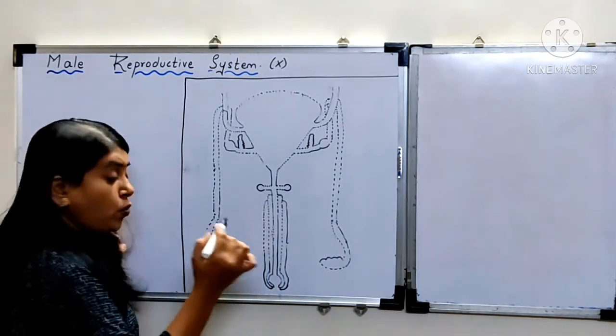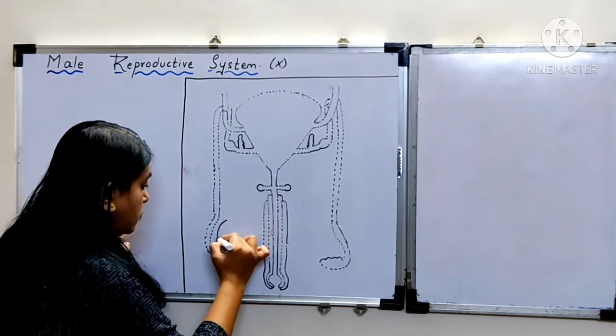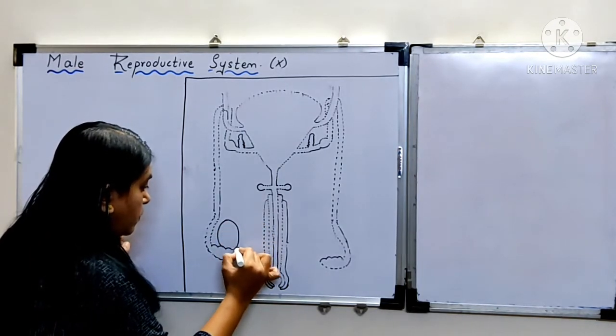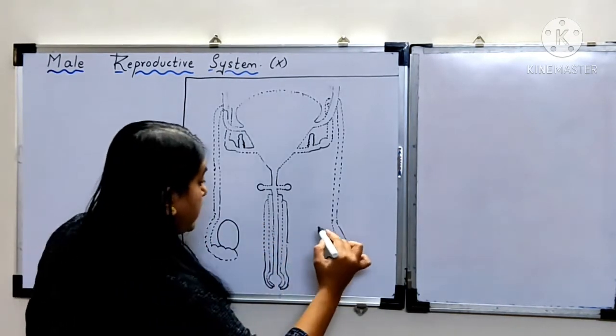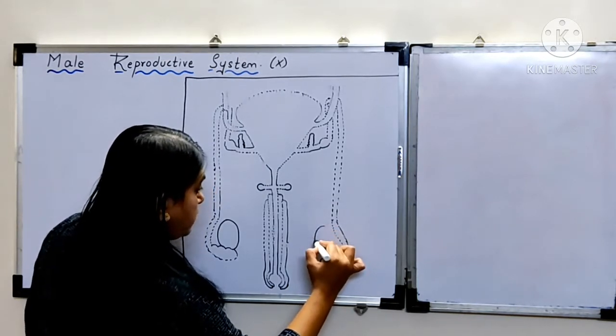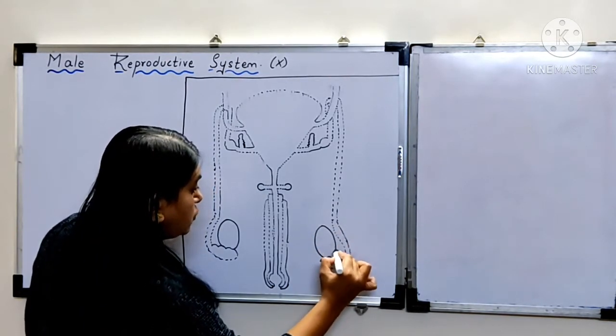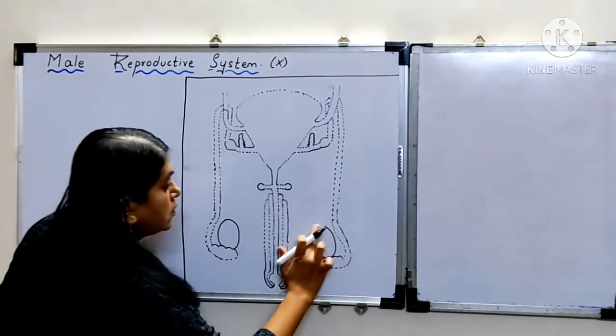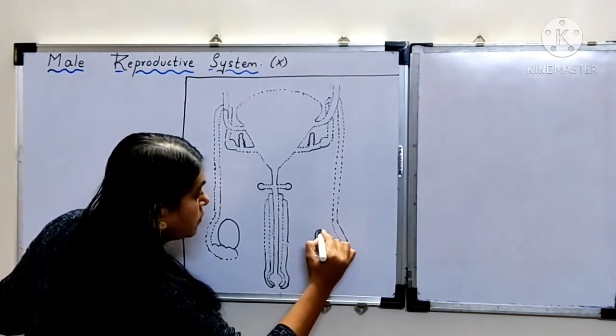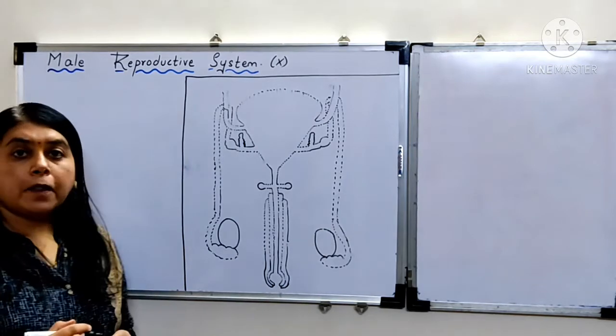Now draw two oval shaped structure like this on both the sides. See the symmetry of the diagram. It should not go like this.